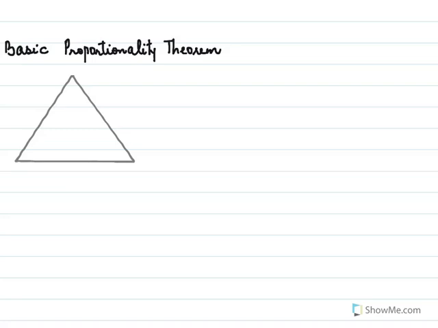We'll now learn the basic proportionality theorem. So we have a triangle ABC. We are given triangle ABC and a line segment MN that is parallel to BC.